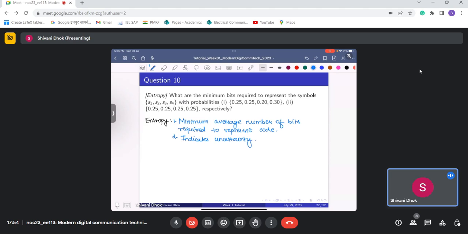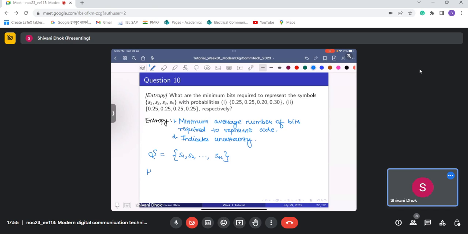After discussing the formula of this entropy, how to calculate it? Let's say I have an alphabet set with code words S1, S2 and so on till Sn.